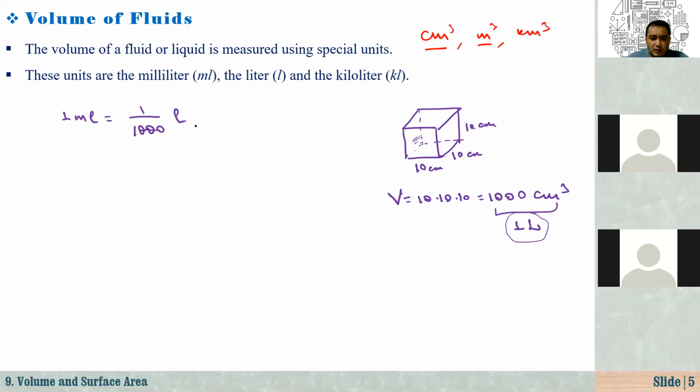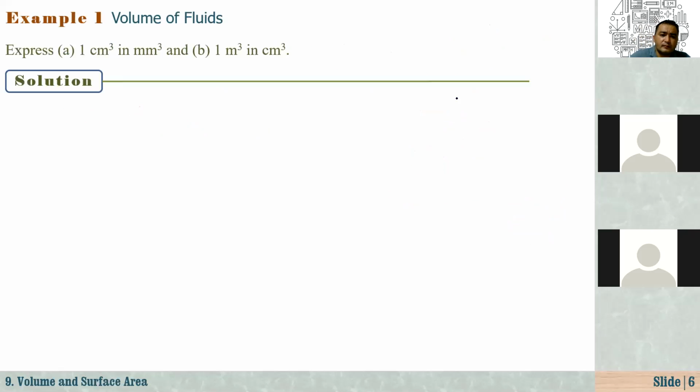We know that 1 liter is 1000 cm cube. Kiloliter is 1000 liters, because kilo means 1000. These are the units that we use to measure the volume of liquid.